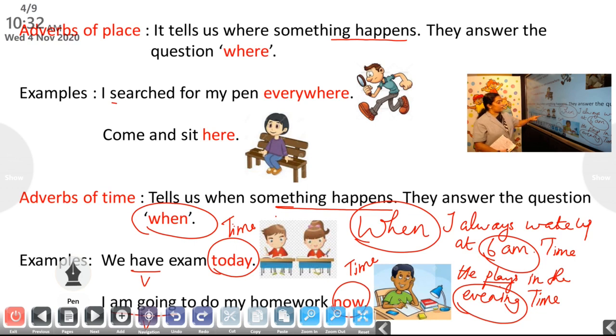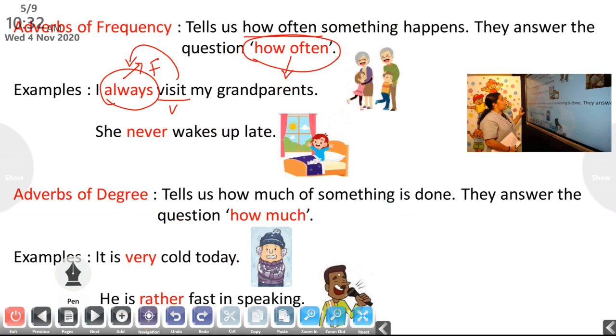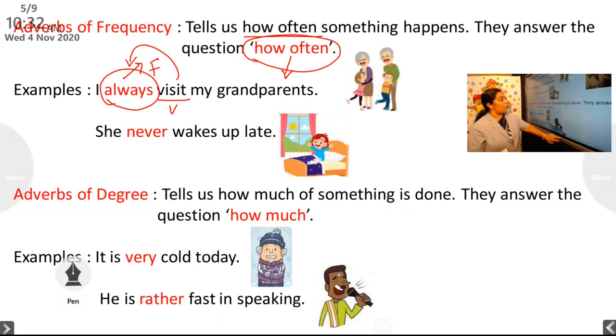Have is the verb, time is coming after the verb. Am going is the verb, and adverb of time is coming after the verb. These two examples also, the adverb of time is coming after the verb. But adverb of frequency always comes before the verb.